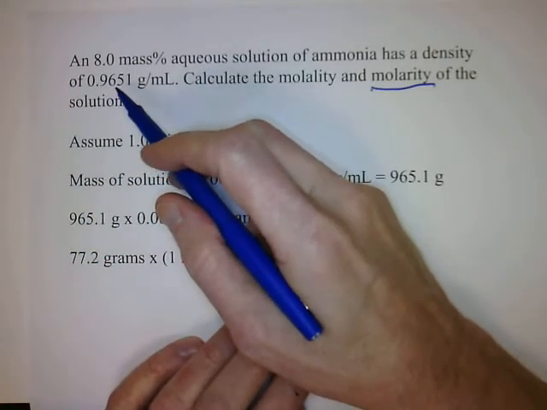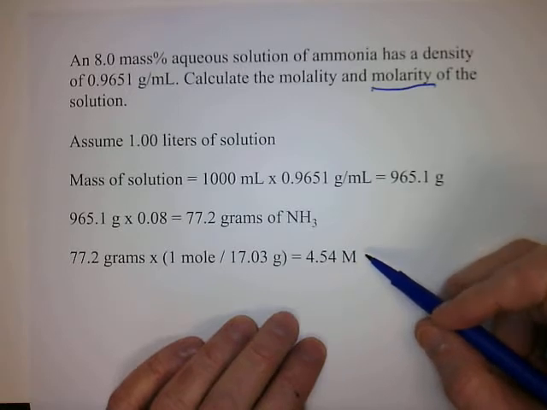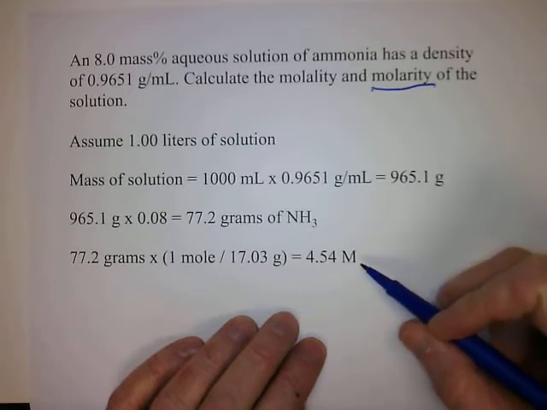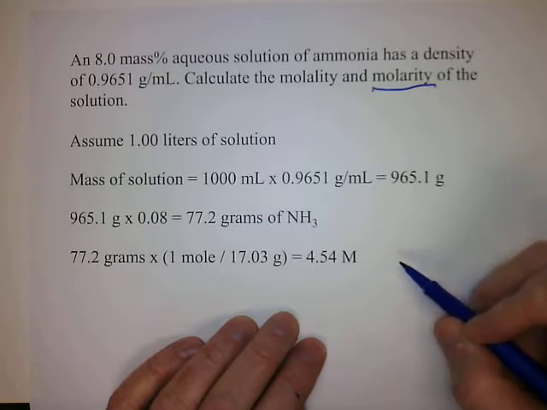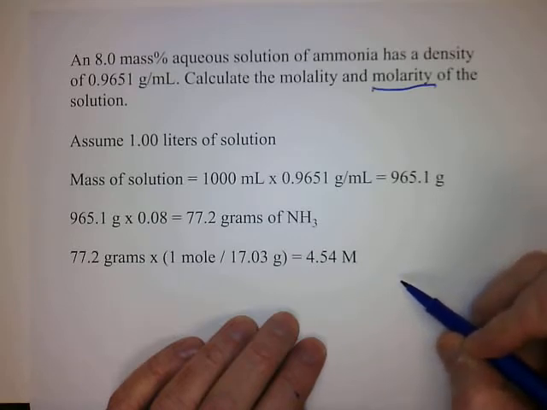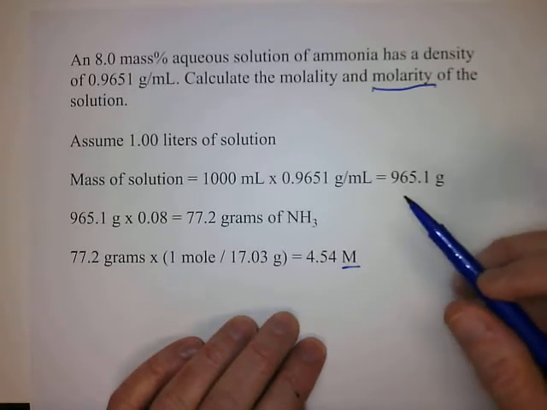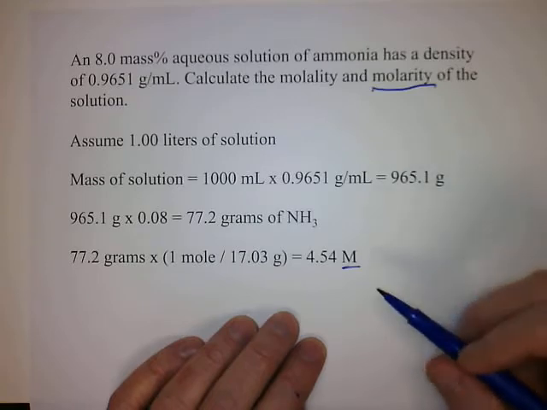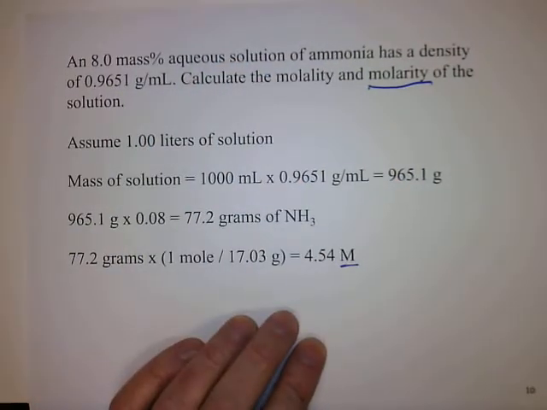So one more time, in a molar solution, all you know is the ratio between moles of solute and liters of solution. If you're going to convert molarity into another unit, you have to have a way to convert the volume into a mass, and the only way to do that is the density.